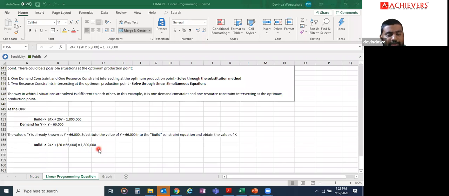So do it with me. Open brackets, type 24 multiplied by x. Now how do you put x? Now here at the top, do you see a button called alpha?